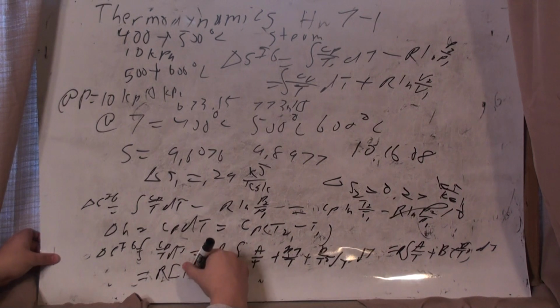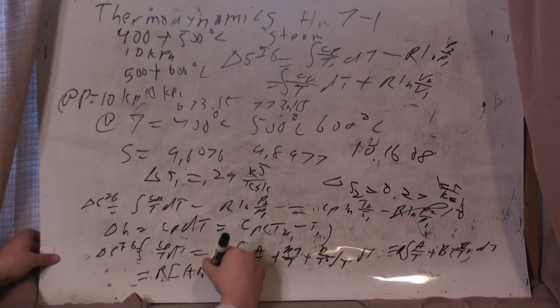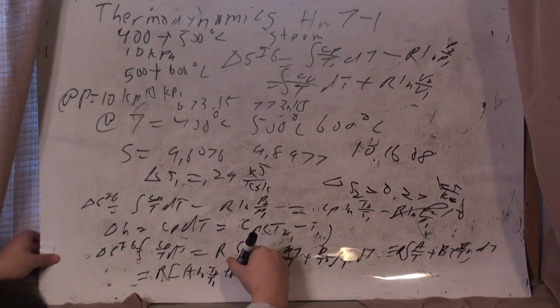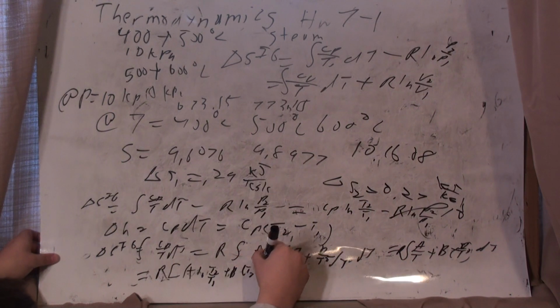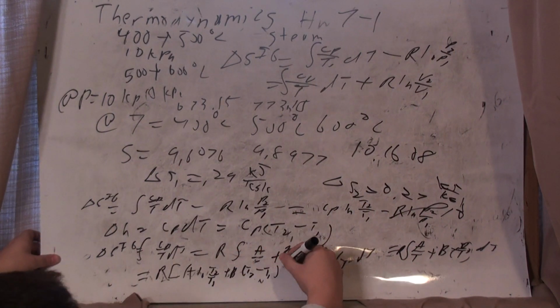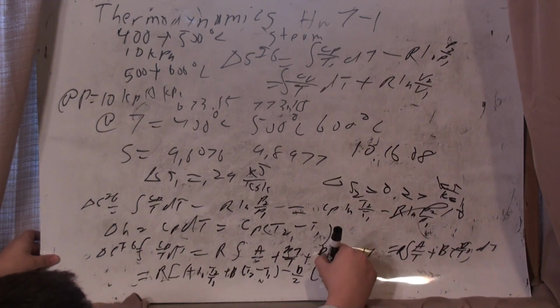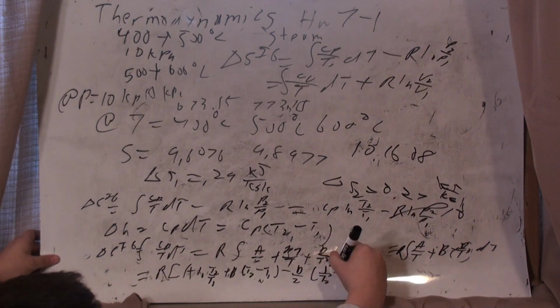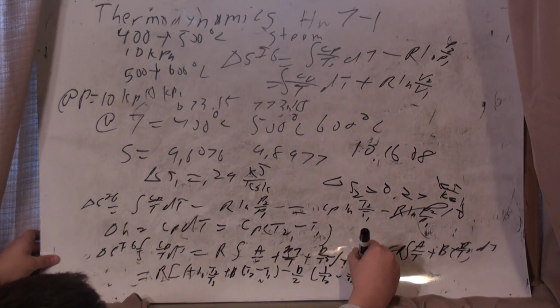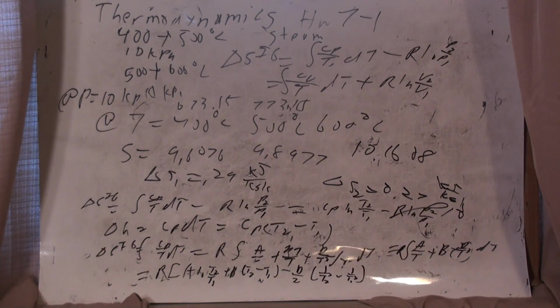And that becomes R times the quantity A natural log of T2 over T1 plus B times T2 minus T1 minus D over 2 times 1 over T2 squared minus 1 over T1 squared. Again, everything has to be in Kelvin. The other thing that we have to point out is this guy, okay?